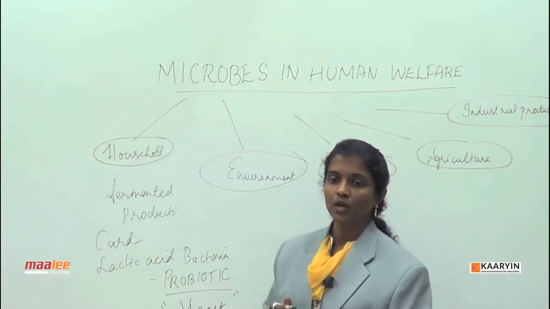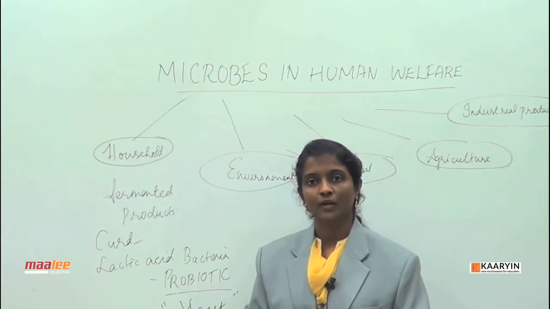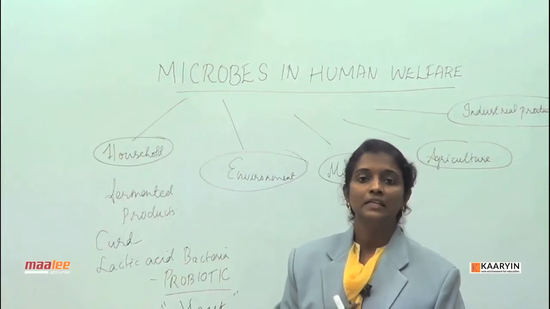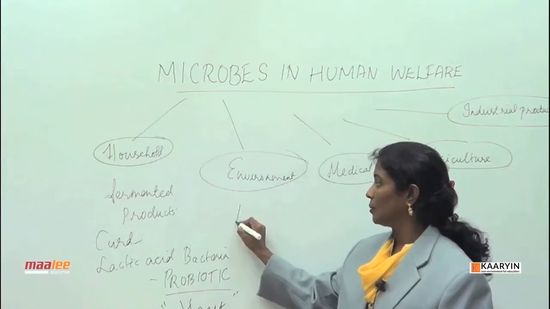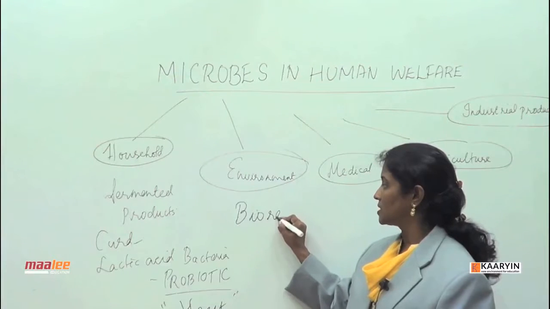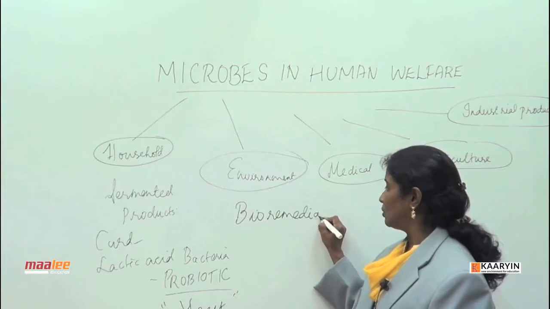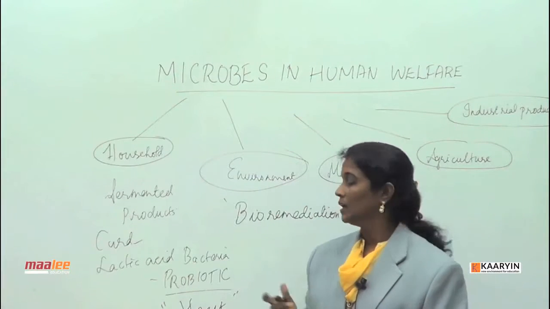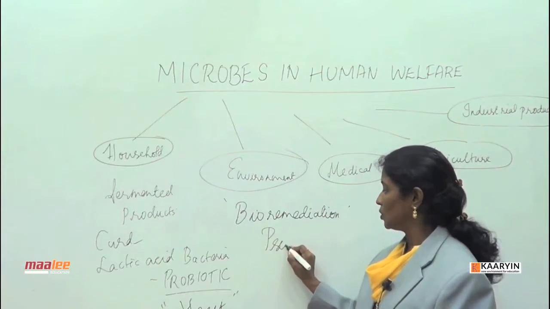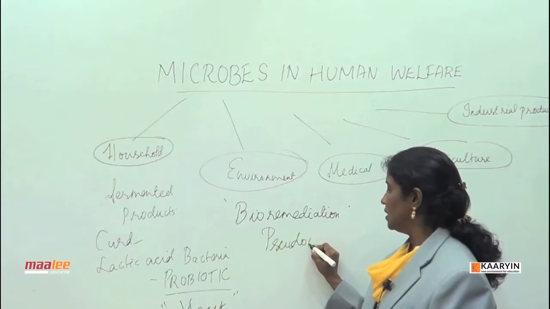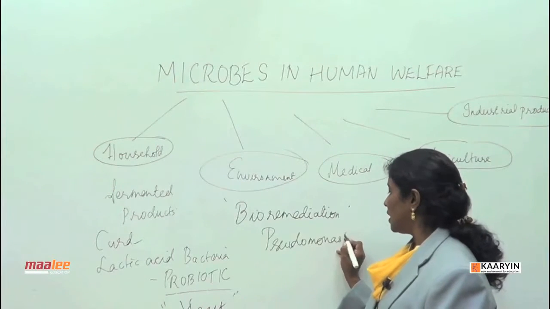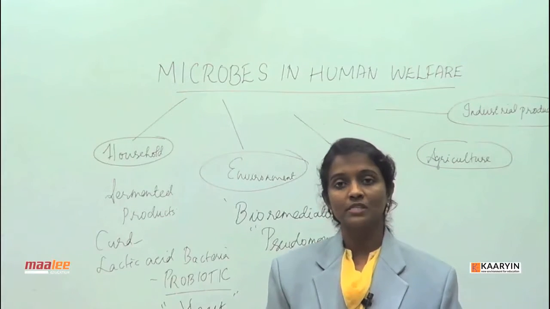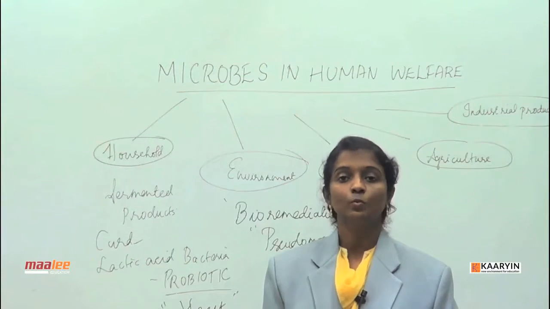Now, we will switch over to the environmental applications of microorganisms, where microorganisms play a pivotal role in environmental cleanup, which we call bioremediation. Bioremediation is an effort to clean up the polluted environment, where an organism called Pseudomonas has been used extensively. An Indian is responsible for making this Pseudomonas an effective strain, which we call a superbug.